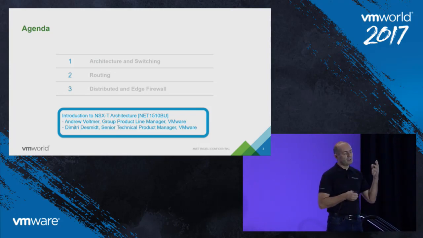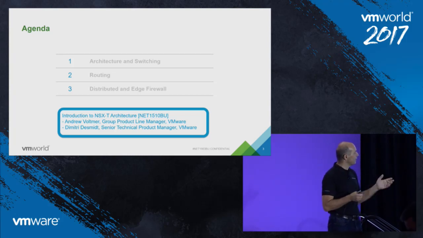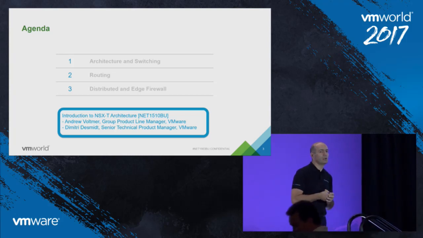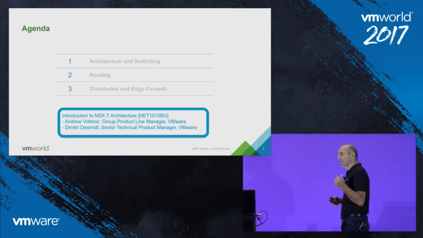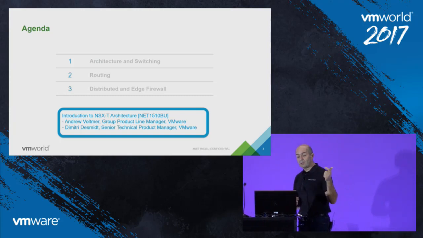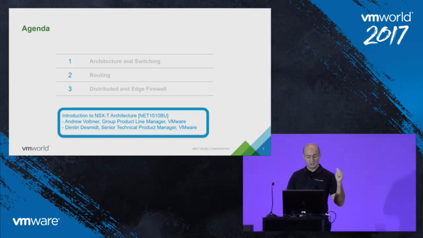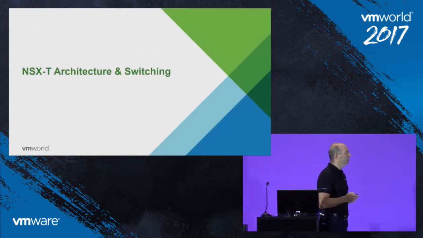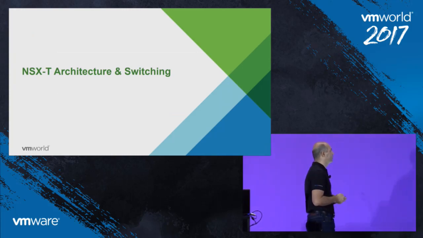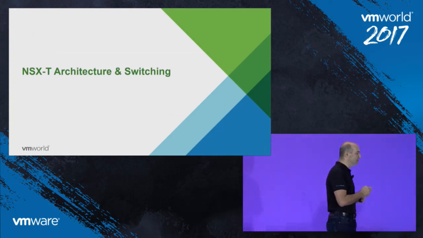I'll refer to the security presentation, we have a routing presentation and so on. We also have NSX-T for cloud and for Kubernetes sessions that are very interesting. So all this to say that this is not the only presentation on NSX-T. Again, we're going to focus on the core architecture of NSX-T. So let's start immediately.